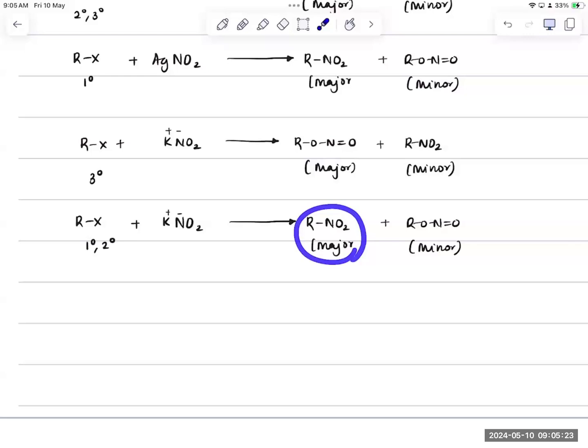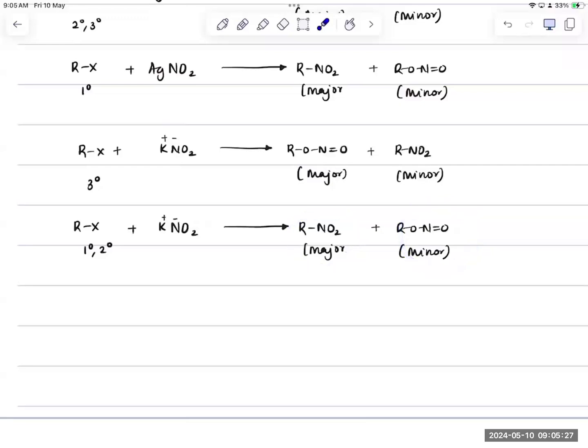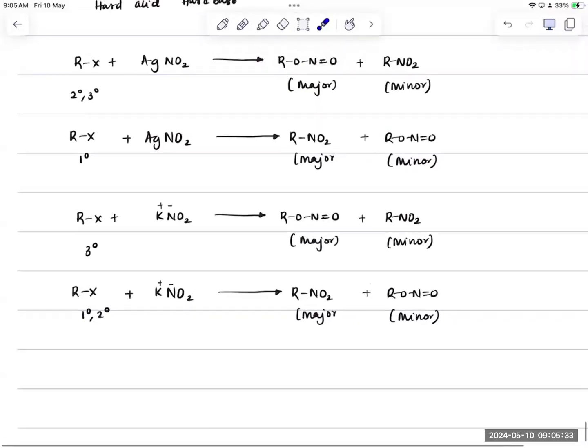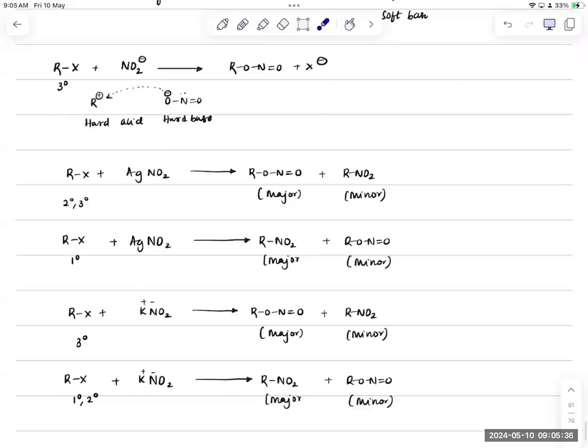Okay, RNO2 is major and this is coming out to be minor. But if it is 3-degree, definitely RONO is major and RNO2 is minor. Done. So this is one area which you need to understand more thoroughly, what exactly is happening there.